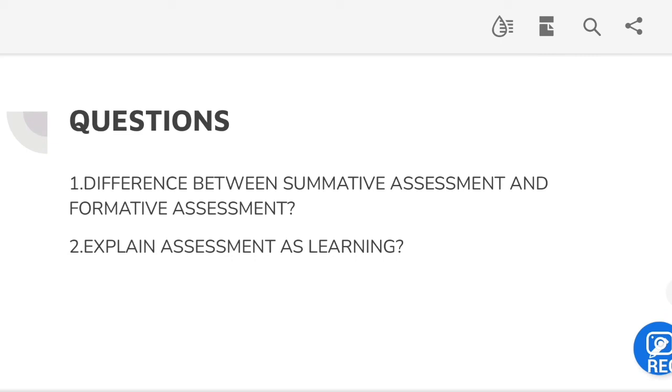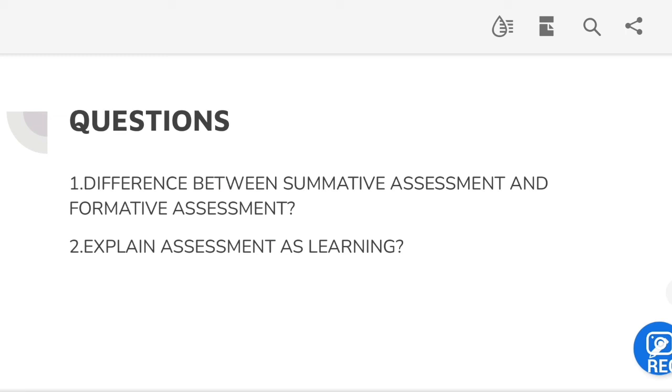In the questions, let's discuss the difference between summative assessment and formative assessment. As I said before, formative assessment helps students to learn and practice themselves, whereas summative assessment assesses the students' performance.